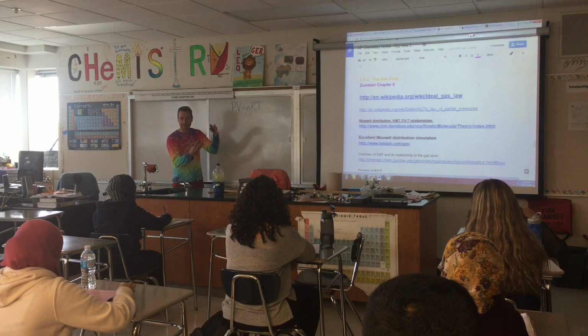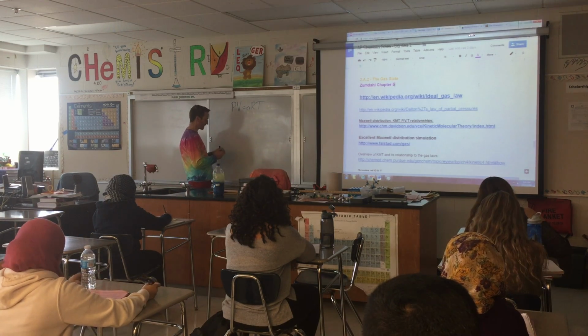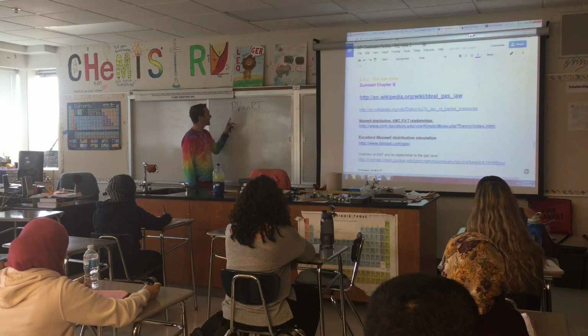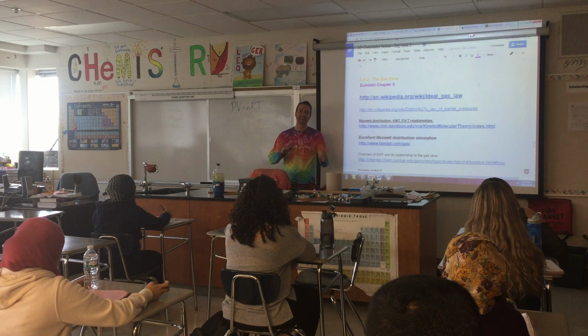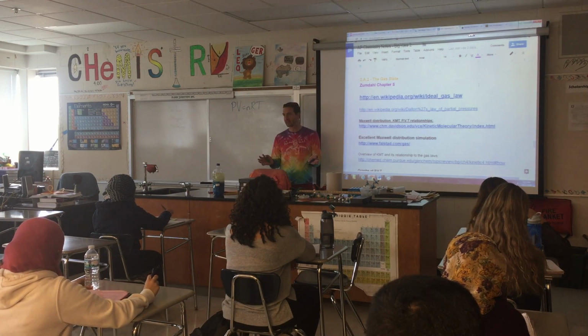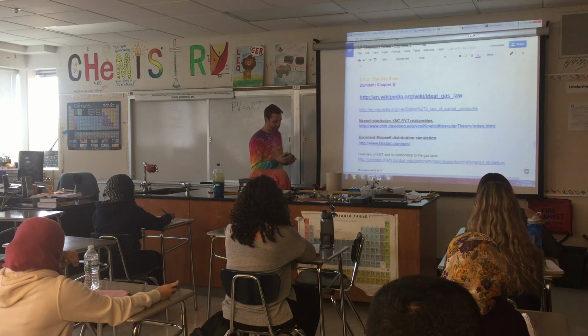And the volume should be the same if they're in the same container. And basically what we get is two different pressures, as if the substance was acting all by itself, as if it was the only substance in that container.